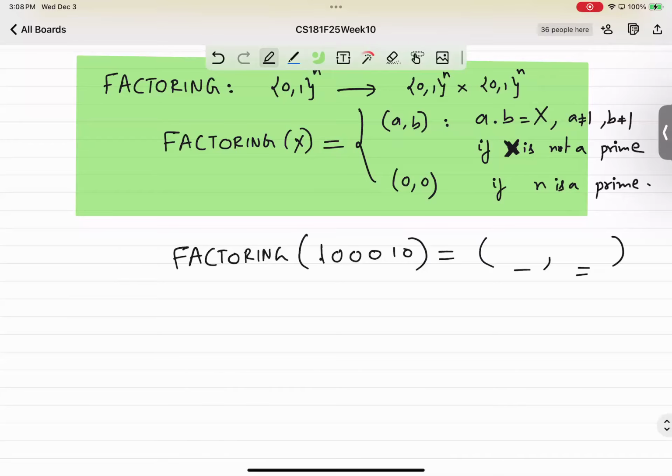Okay. Strange problem to study, but as I said, it's one of the most important problems economically. If you find an algorithm which solves this, you can basically break every possible digital transaction in the world. Okay. And much of it relies on assuming that this problem is hard to solve.